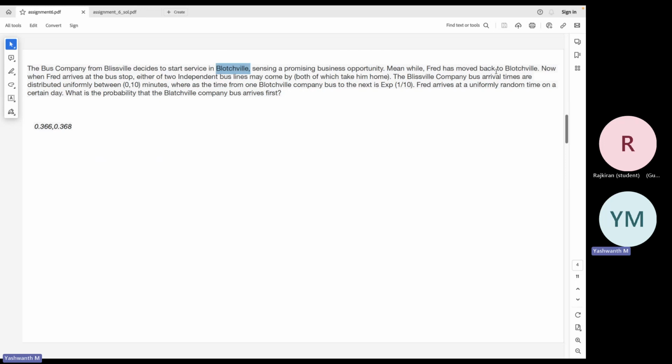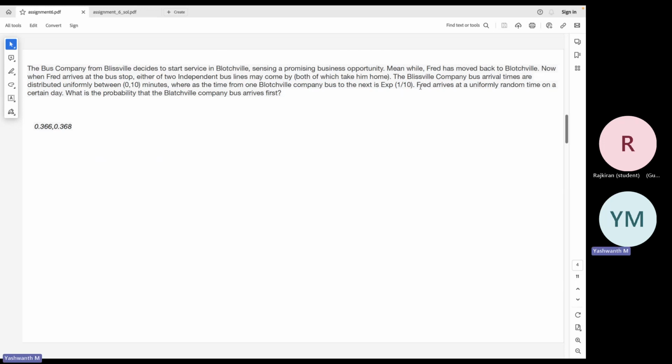So Fred moved back to Bloshville. Now, when Fred arrives at the bus stop, either of the two independent bus lines may show up. The Blissville company bus arrival times are uniformly distributed between 0 and 10, and the Bloshville company bus is exponentially distributed with rate 1 over 10. That means mean 10.